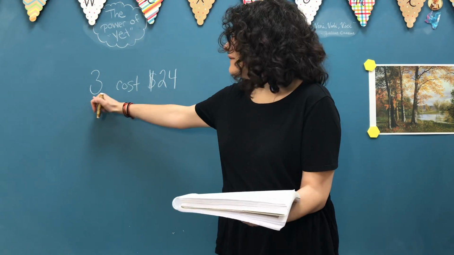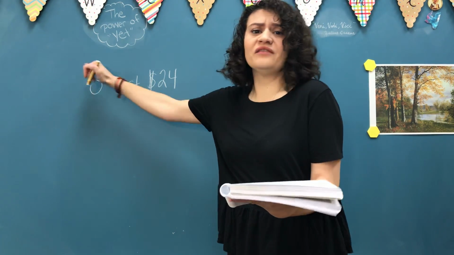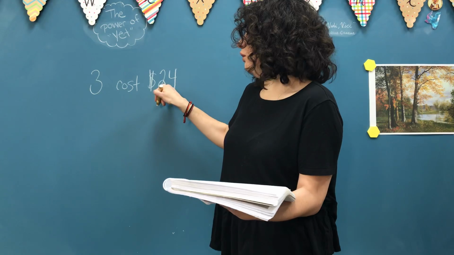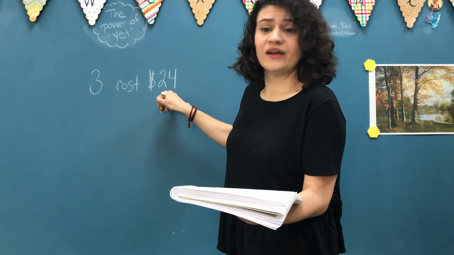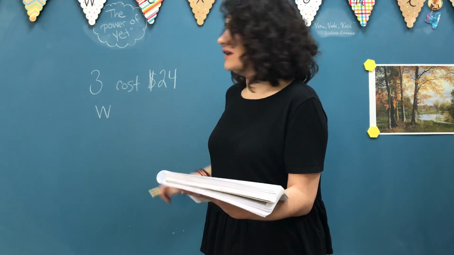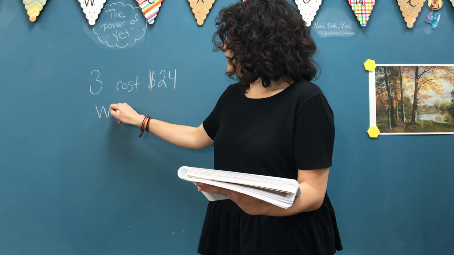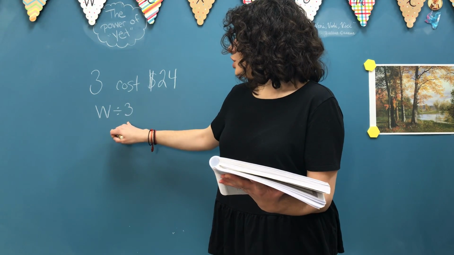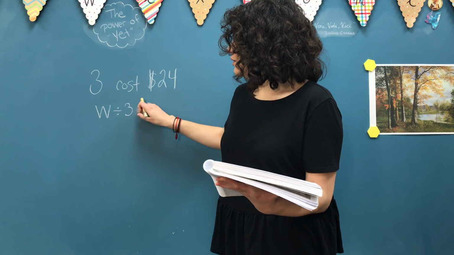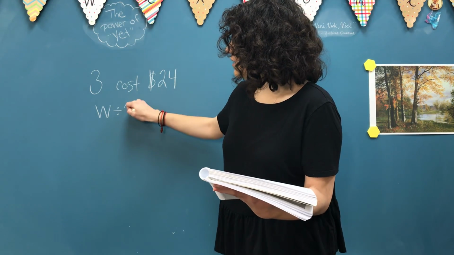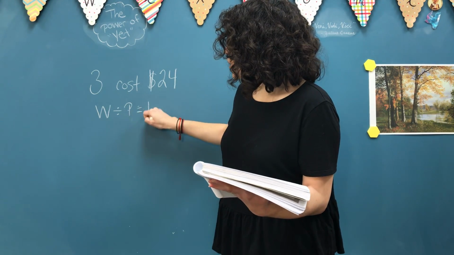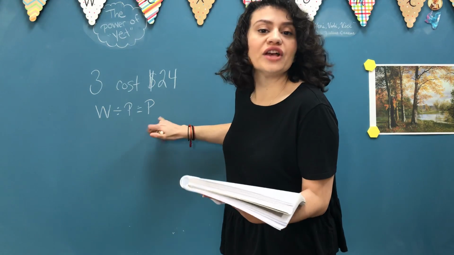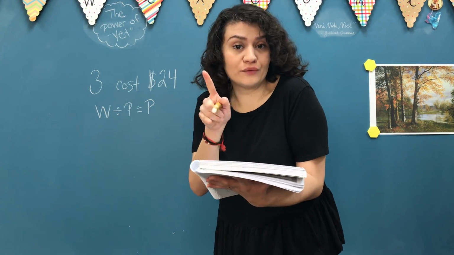Well, it's saying if I have 3 of them, my whole thing together is 24. And I have bought 3 of them. So that's the 3 is my part, right? I want to know how much it cost for just 1 of those.